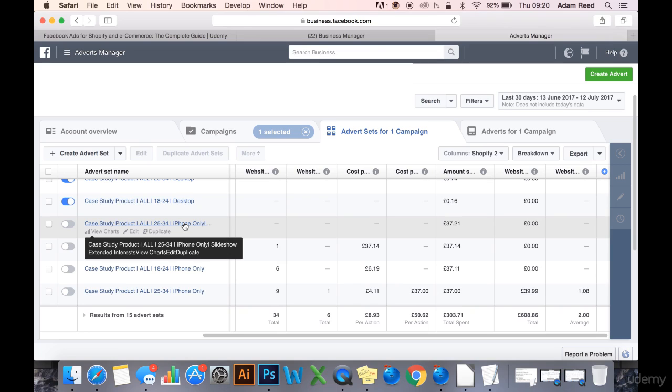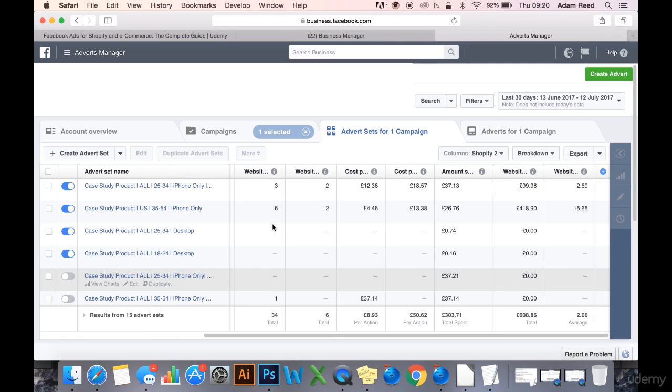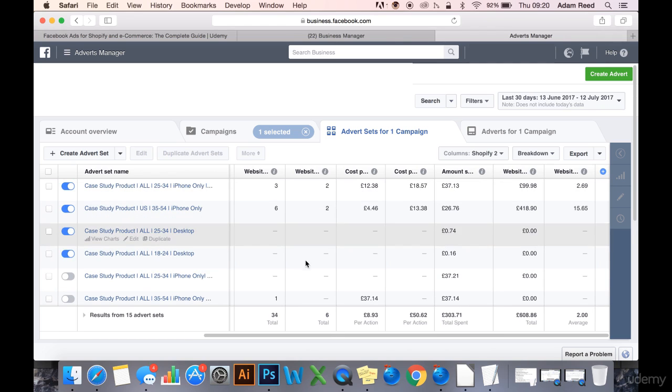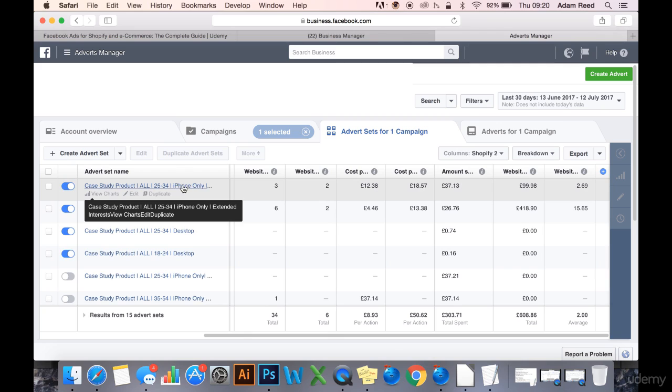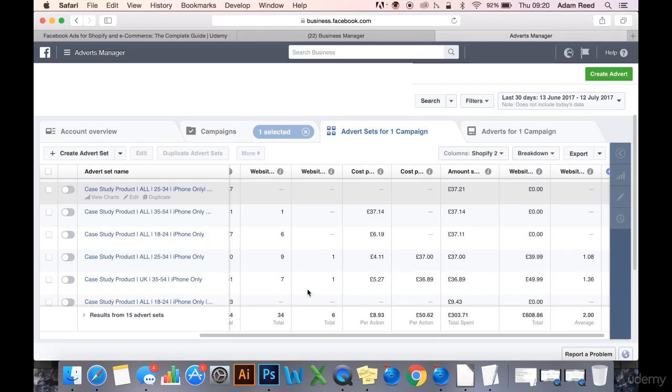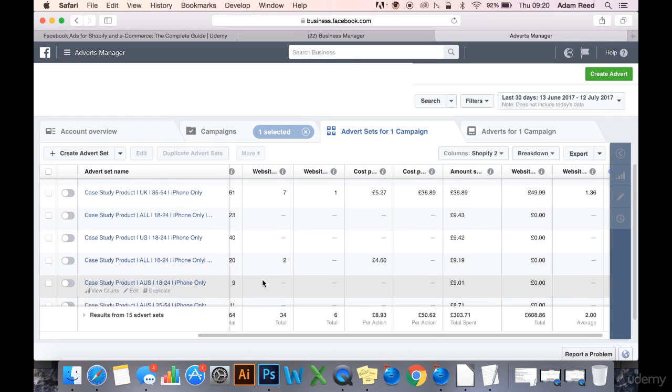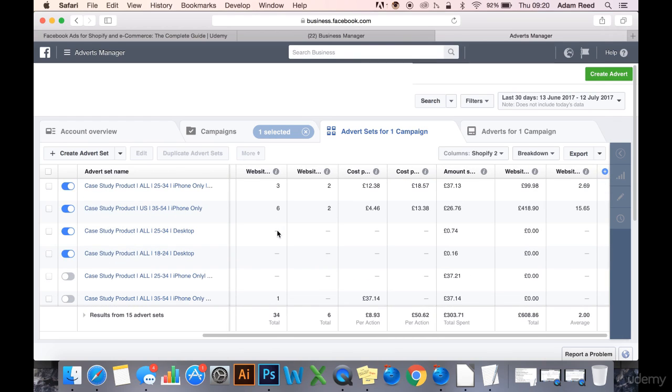That is why it's important to keep a notepad next to you and keep track of what you're doing. So what I'm going to do today actually is probably scale this one out definitely to 25 to 34 age groups across the US, the UK, and Australia. They're the only 3 countries I'm working with in this campaign so far.